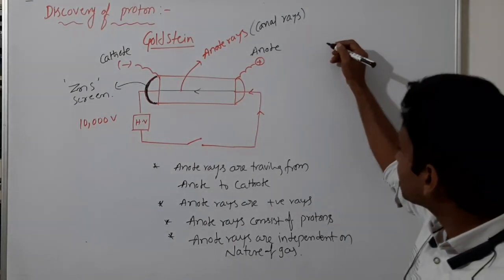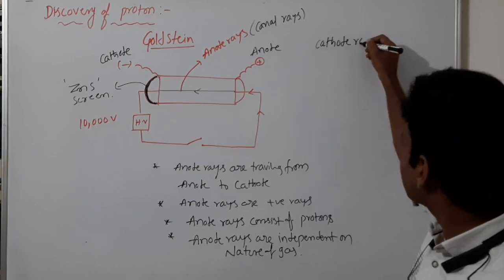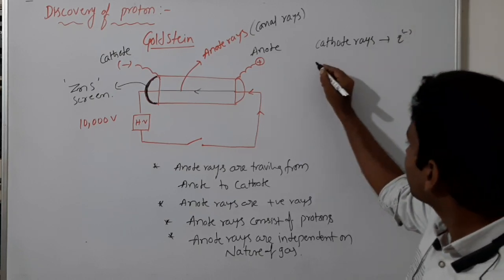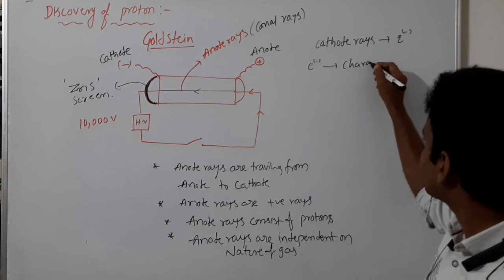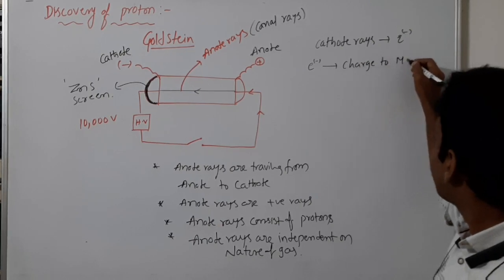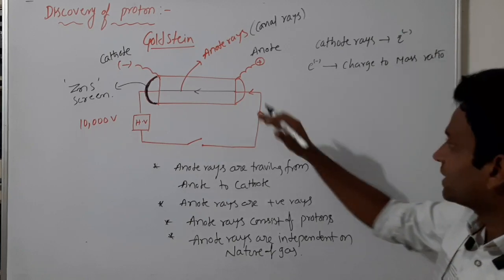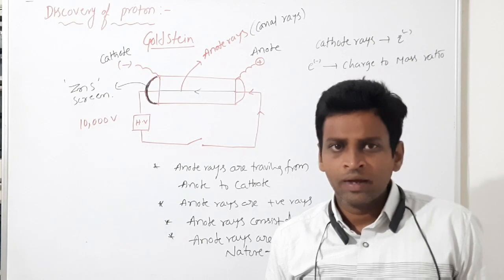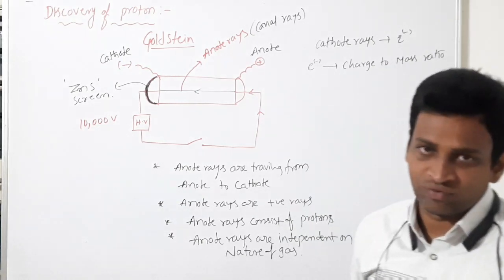So anode rays and cathode rays, one more important thing. So cathode rays consist of what? Electrons. And the electron has a charge to mass ratio. The charge to mass ratio was given by the deflection which happened due to the presence of an external electric field or magnetic field.